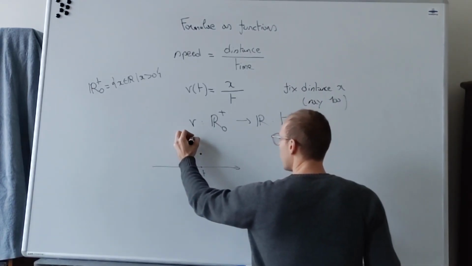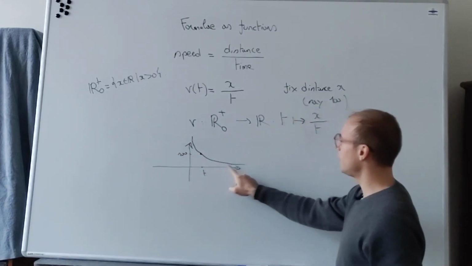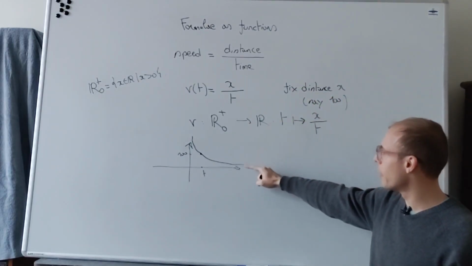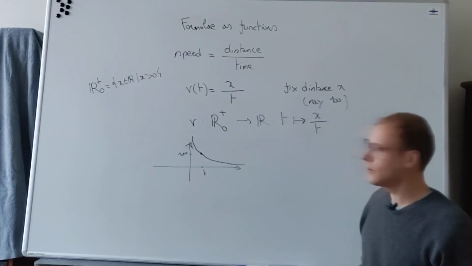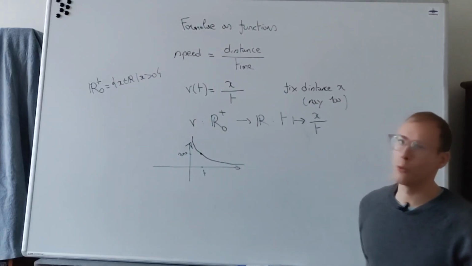This graph will look a bit like this, because the bigger t gets, the more you're dividing by a bigger and bigger number, so the end result will be smaller and smaller. And if t approaches 0, you're dividing by a smaller and smaller number, so your quotient will blow up.